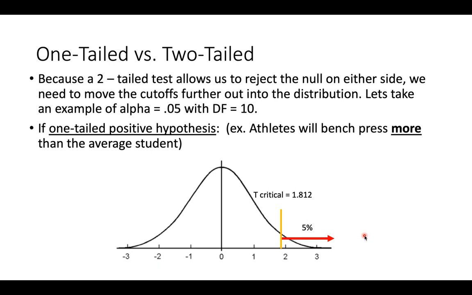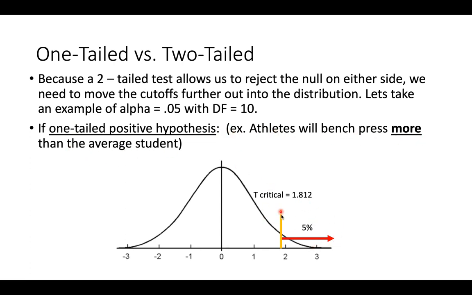Because a two-tailed test allows us to reject the null on either side, what ends up happening in a two-tailed test is that our critical values move out on the curve, to accommodate the fact that percentages get distributed on both sides. So imagine that we have a one-tailed hypothesis that athletes will bench press more than the average student.